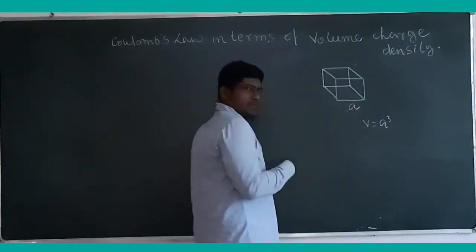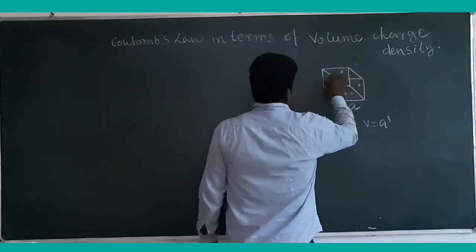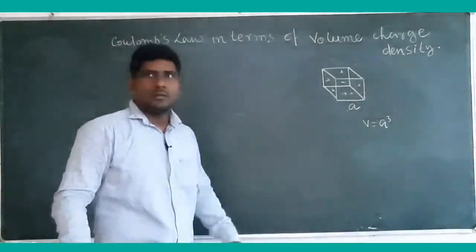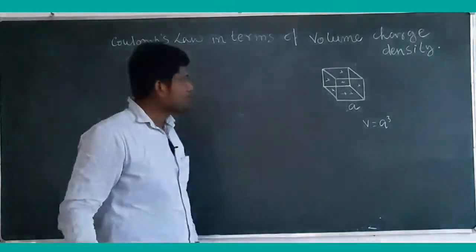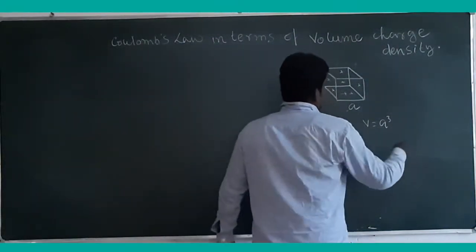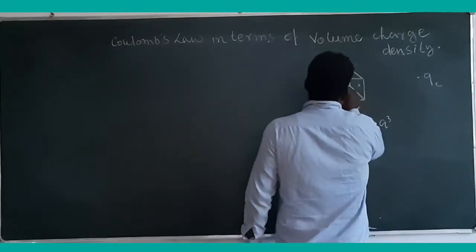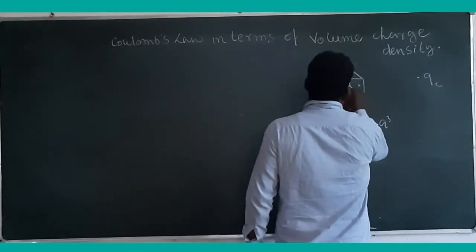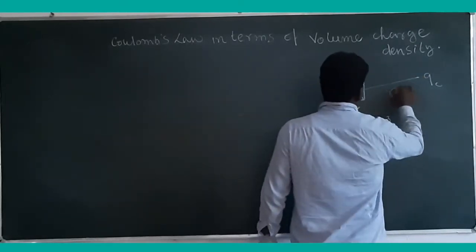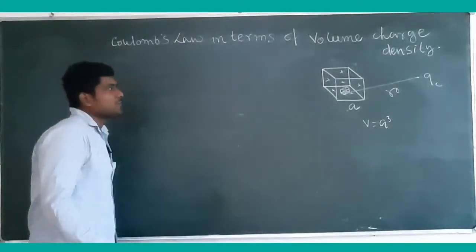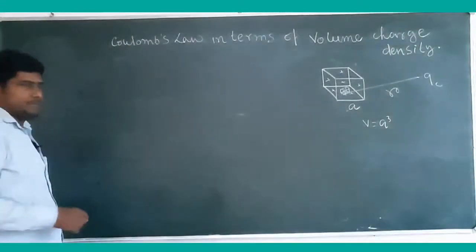Now similarly we will consider there are positively charged particles on the surface of the cube. Now we will consider another test charge at a distance r from a certain portion. Suppose this is a small cube inside the cube and the distance from this portion is again small r. First of all we will learn what volume charge density is.